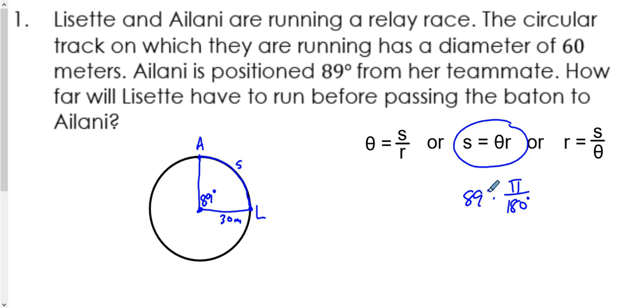Degrees is on top, so we need degrees on the bottom to cancel it out. So we got 89 times pi divided by 180, and that is going to be our theta. Our radius, we already know, is going to be 30 meters. So if we do this, we should get the subtended arc length.